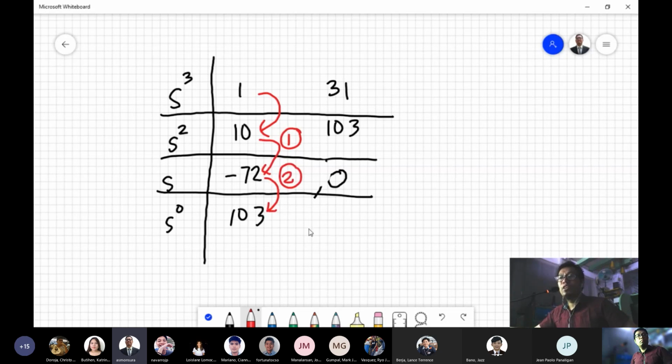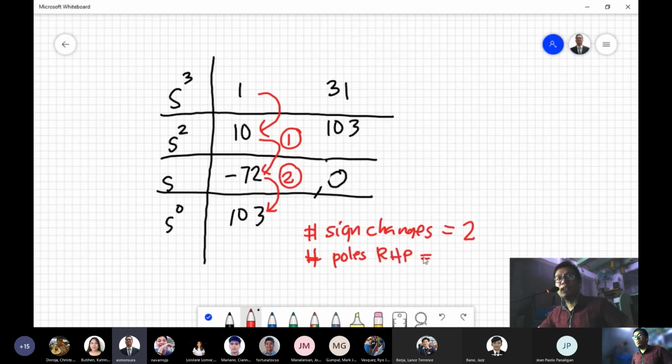Okay, so the number of sign changes that we have is 2. Okay, that also means that the number of poles in the right half plane for this system is actually 2.